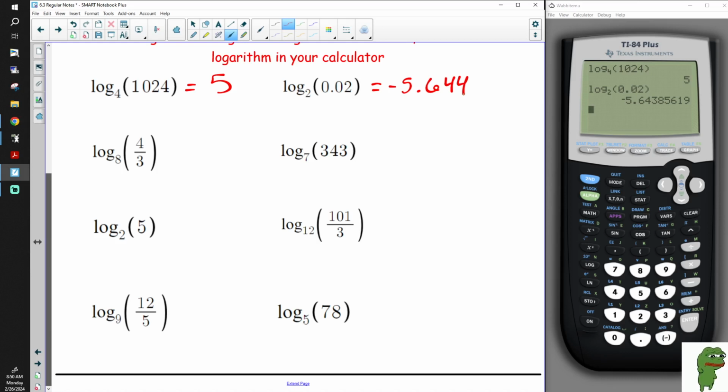Yep. So 1.415, done. So we want 3 decimal places, right? What's the third decimal place? 8. You only look at the number after the 8. Okay then. Nothing in front of it changes.